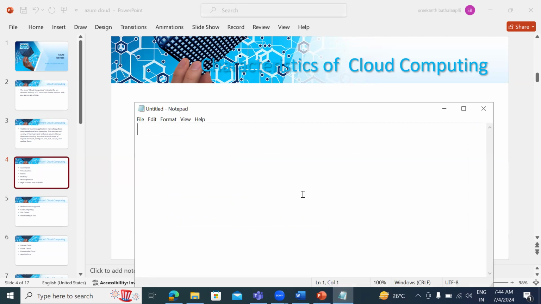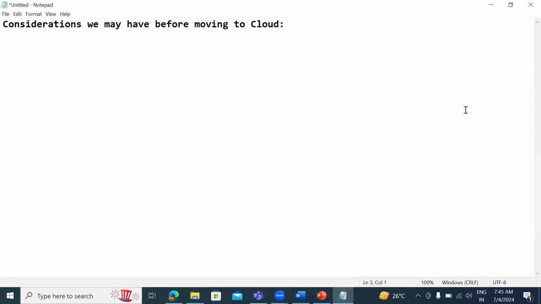Then what may be the considerations we may have before moving to cloud. So now our enterprise has decided to move to cloud. I don't call them disadvantages, but definitely we may have some considerations before moving to cloud. So what are those, we'll discuss. Whether my application's data is secure or not. So we'll have a constraint regarding data security.